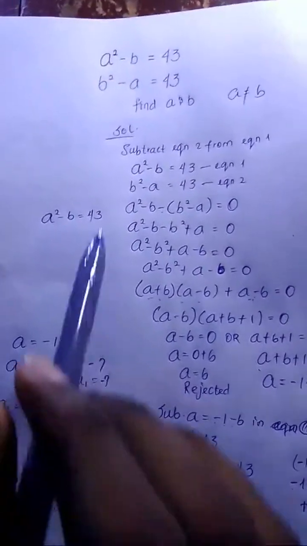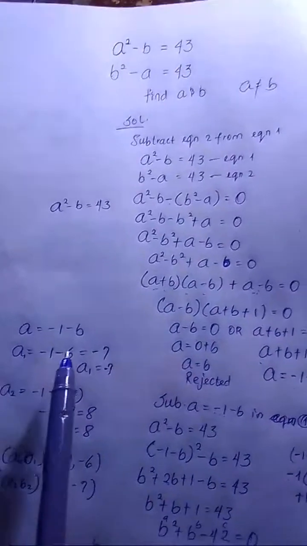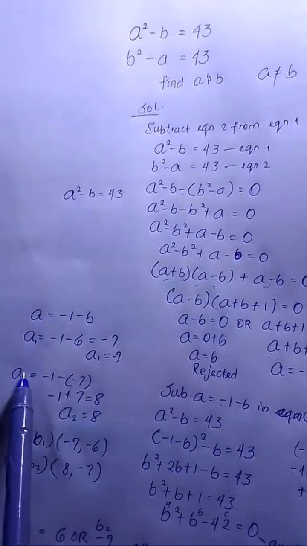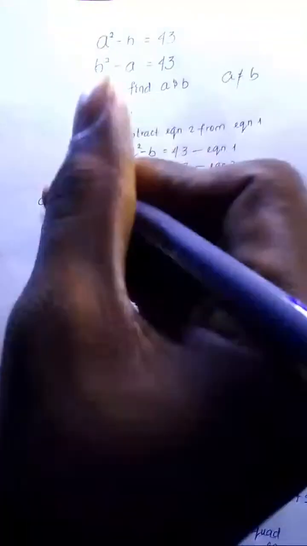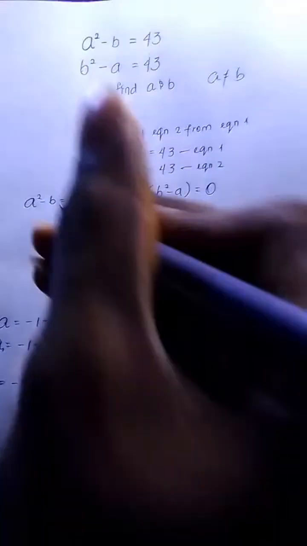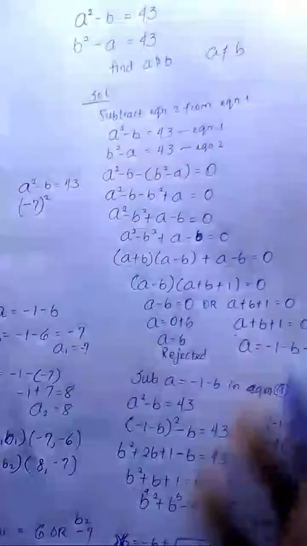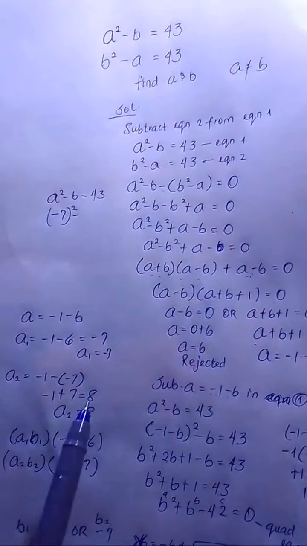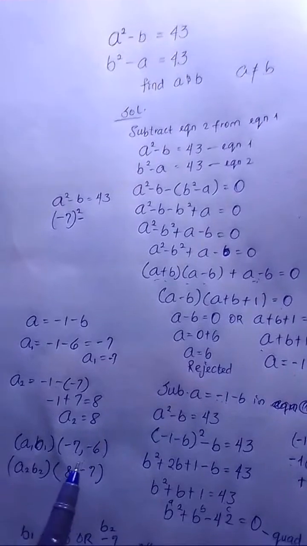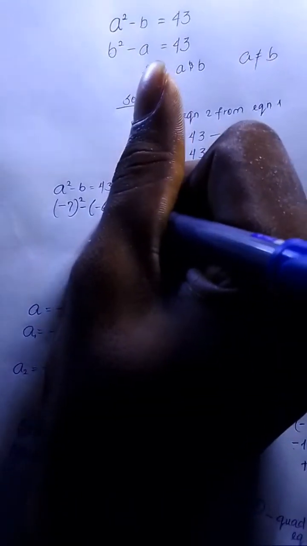So we have minus 7 squared, that's our A1, and minus B, where B1 is minus 6, equals 43.